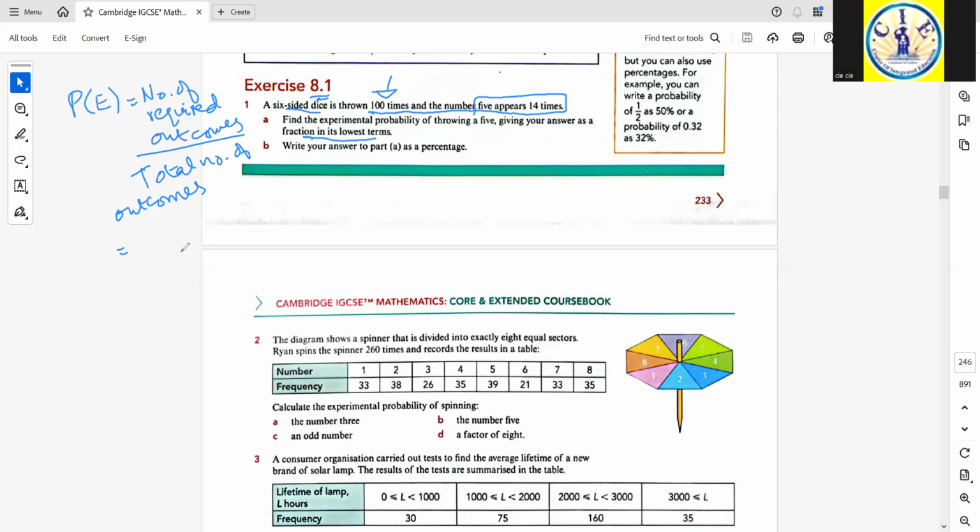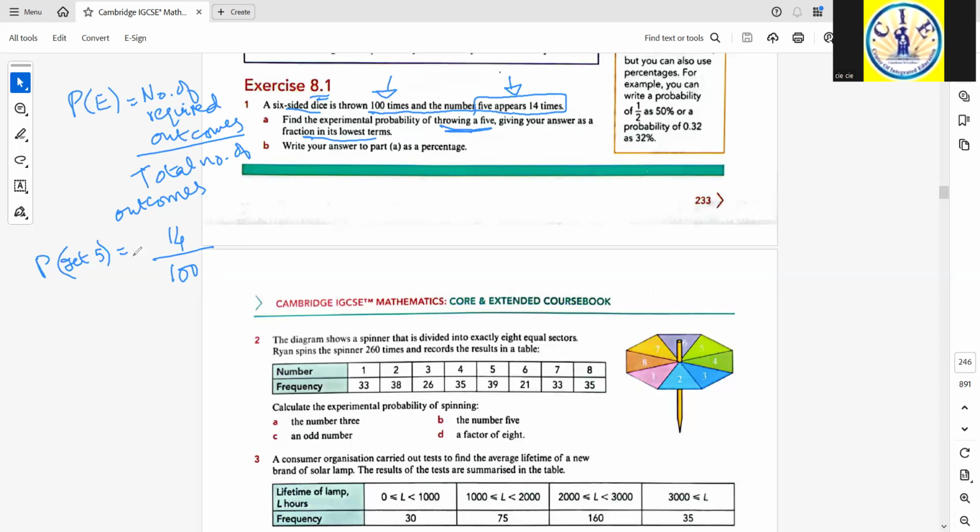The dice was thrown 100 times. So this is going to be 100. So probability of getting 5 is, since we were having that 5 appeared 14 times, 14 out of total 100 trials, that is the probability of getting a 5.